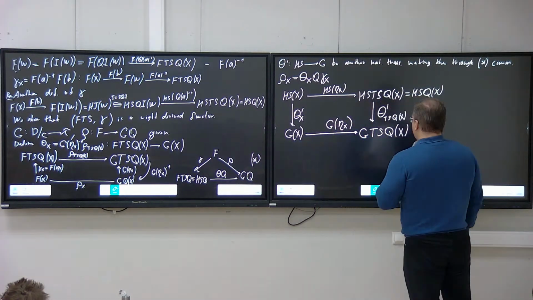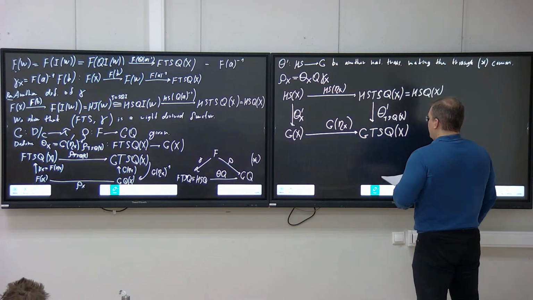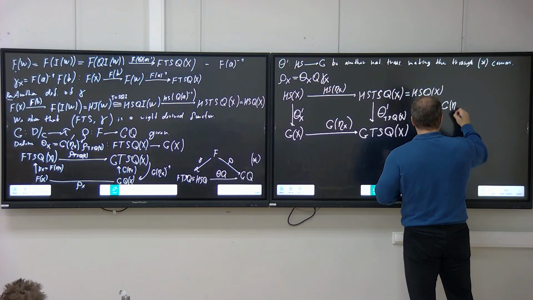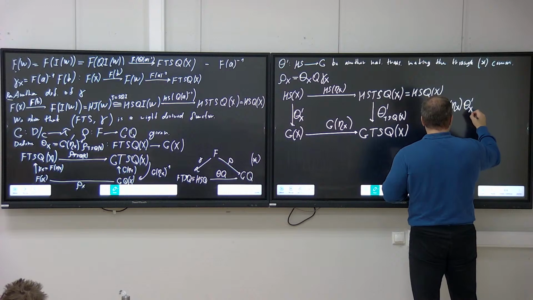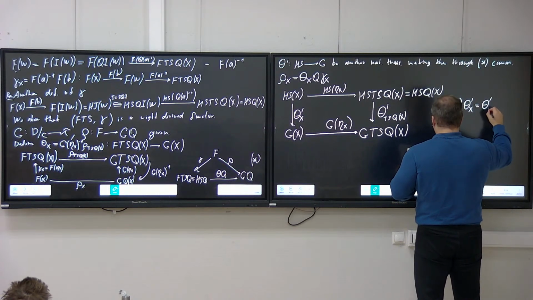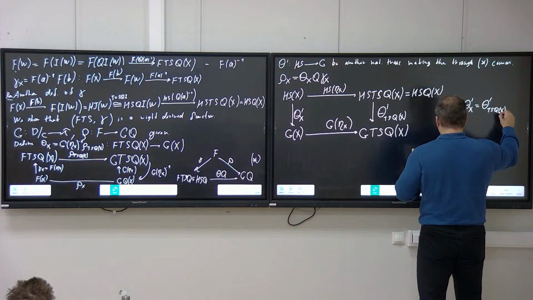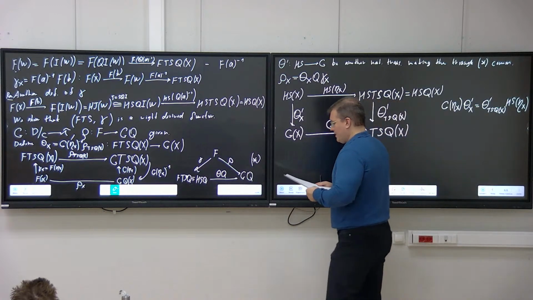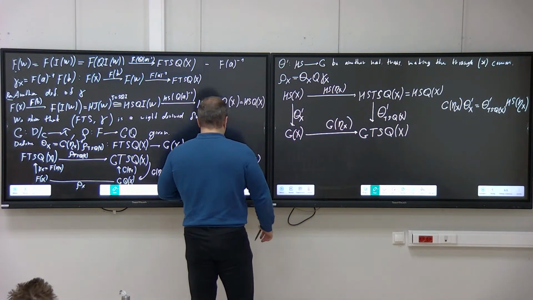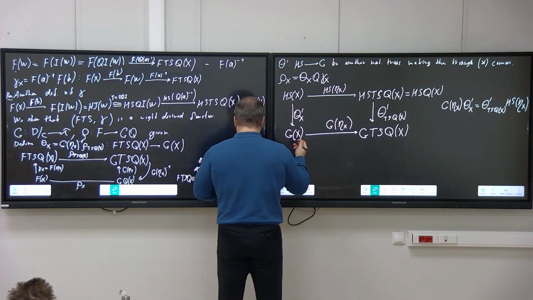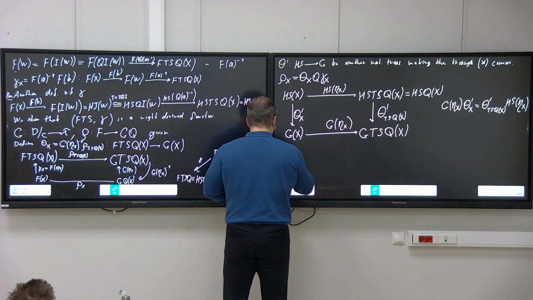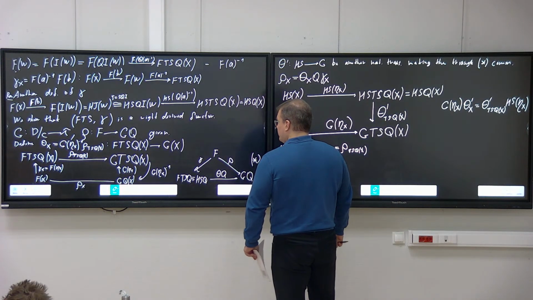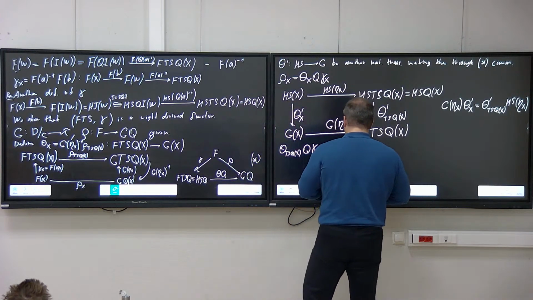I'm just using that, and for the computations I want to write this as a formula. So G of the eta sub x composed with the theta prime x is theta prime T S Q of x composed with H S of the eta sub x. Then eta of the object T S Q of x, right? That's the same thing, but for the different object, which is T S Q.